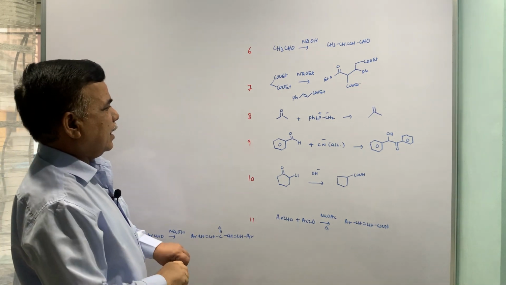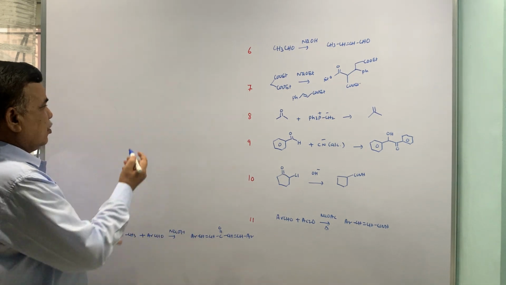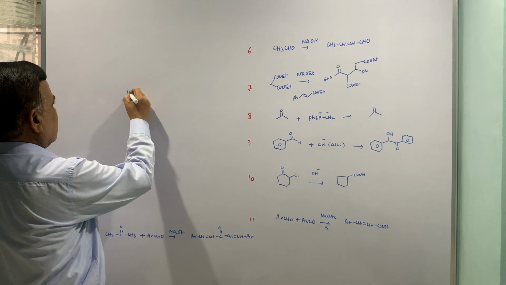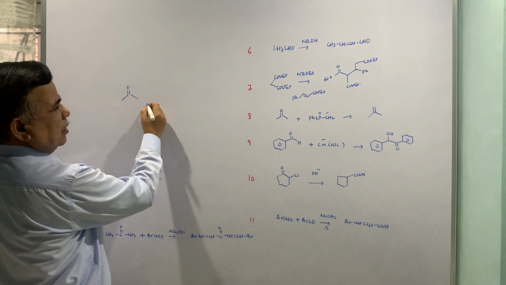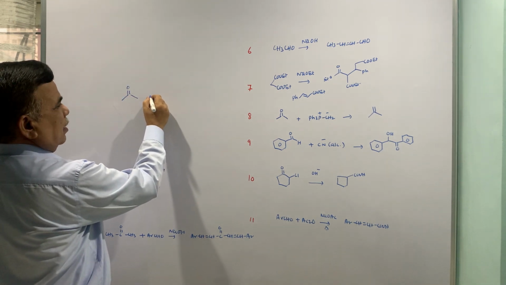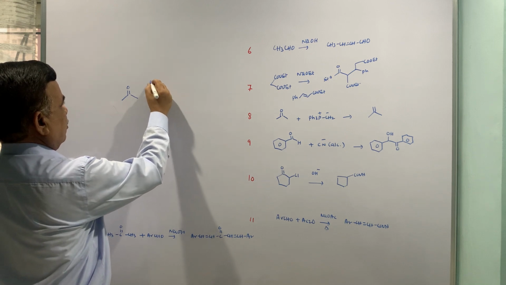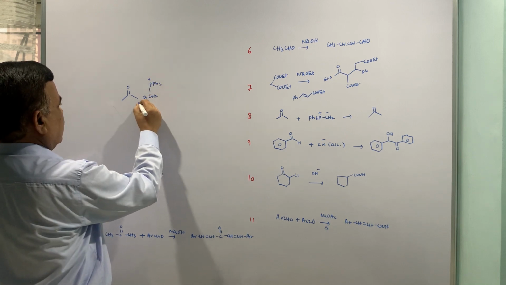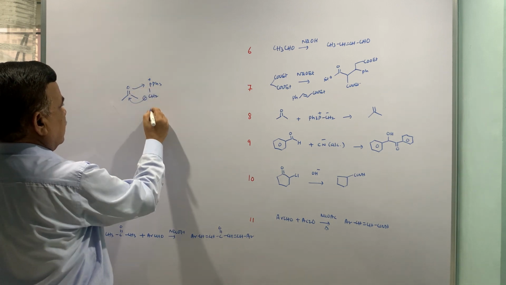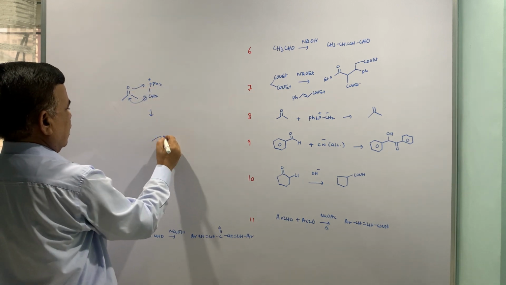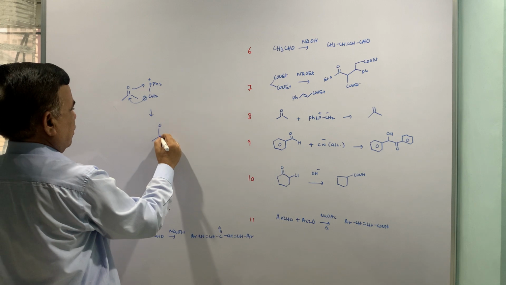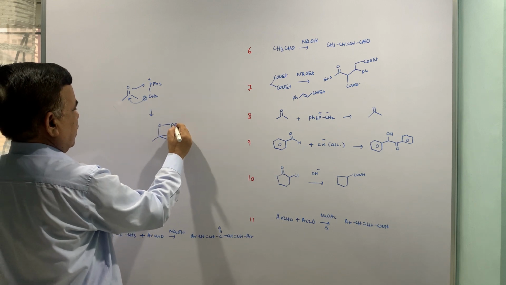The 8th example is a sort of repetition, but I will just put it because CH2 PPh3, plus minus. So this is the ylide which we are adding across the carbonyl.